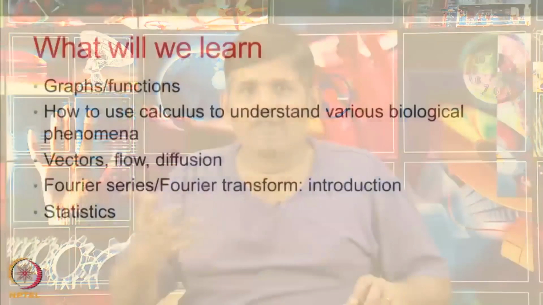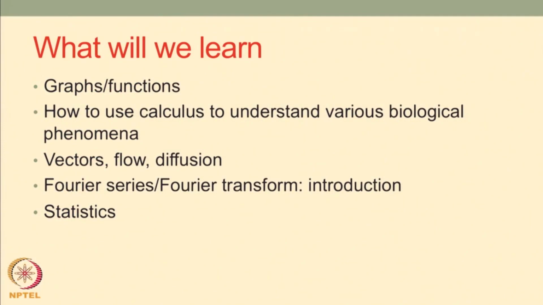Now coming back to this course, what all will we learn? In this course, first we would learn graphs and functions. When we do an experiment, we typically plot graphs, and graphs are related to mathematical functions, formulas. So first we will learn the connection between graphs and mathematical functions.